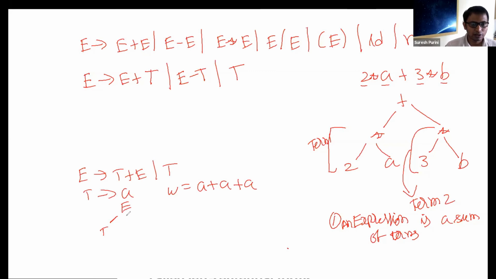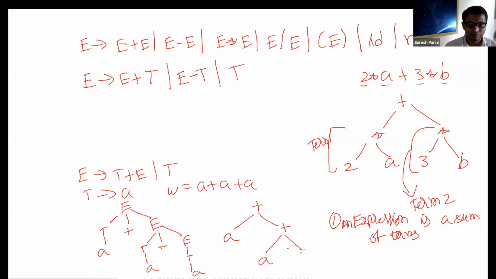E goes to T plus E, this is A, this is T plus E, this is A, this is A, and the associated AST is this. So this is right associativity semantics.